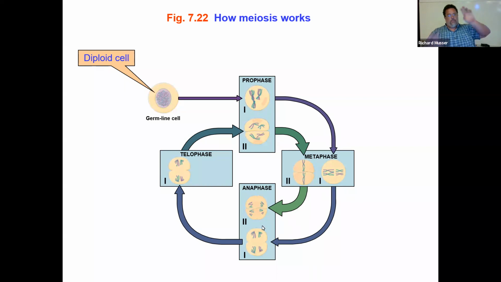Anaphase 1, we split the 4 into 2. And then when we go into anaphase 2, we split the 2 into 1s, ultimately having 4 cells form from it. So these cells in anaphase 2 now become 4 cells.